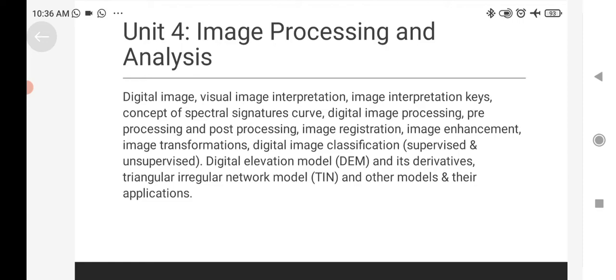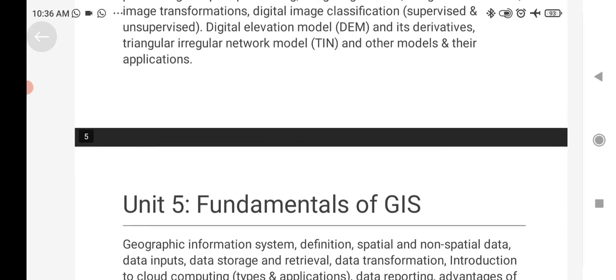Digital elevation model, that is DEM, and its derivation. Triangular irregular network model, that is TIN, and other models and their applications. These are all covered in unit number 4.